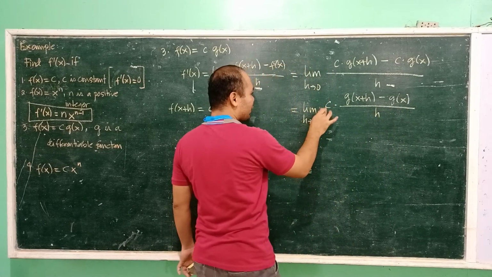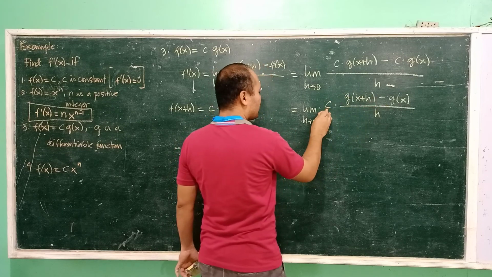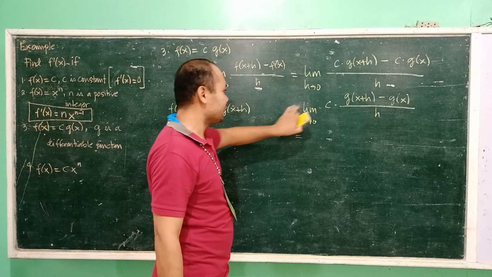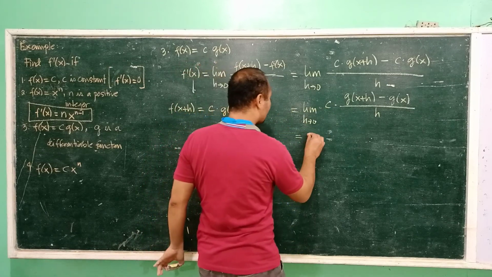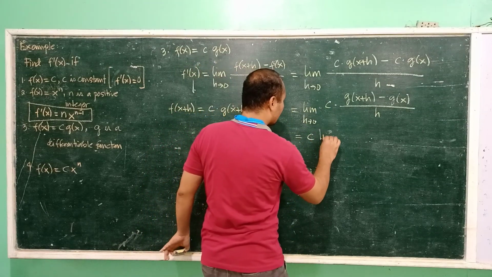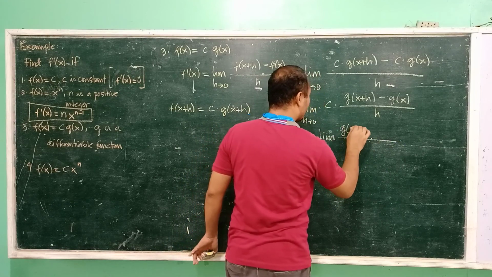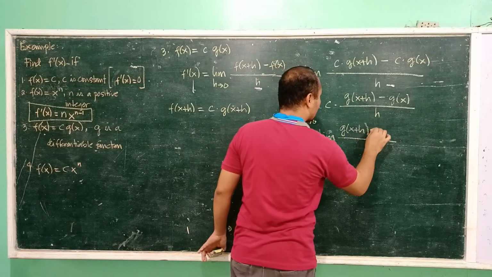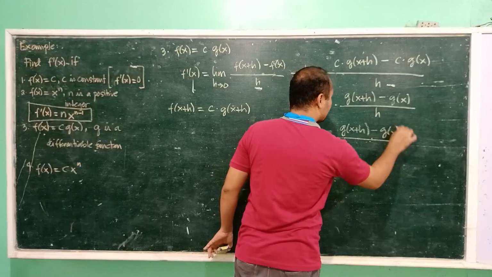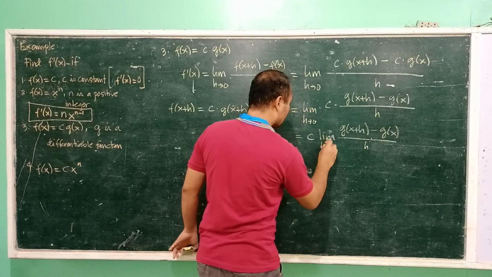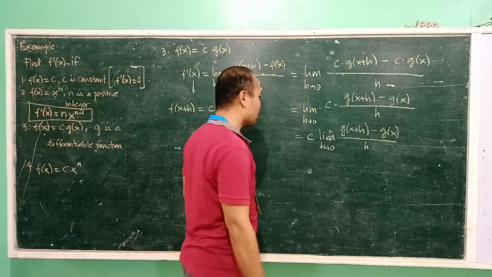This is the limit of a constant and something. So by the rules we have before, we can place this c before the limit. That is c times the limit of g of x plus h minus g of x all over h as h approaches 0.